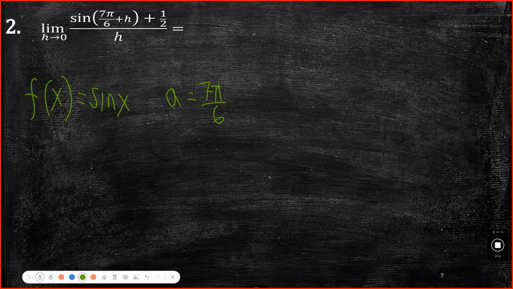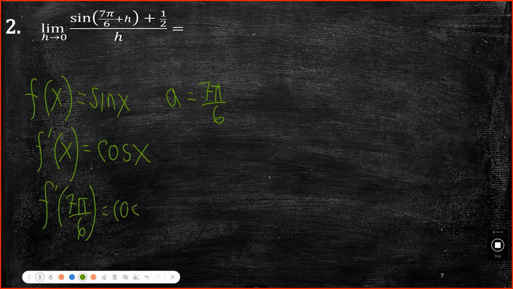Seven pi by 6. So easy. What is f prime of x? It is cosine x. And now I'm going to evaluate f prime at 7 pi by 6. Cosine of 7 pi by 6.